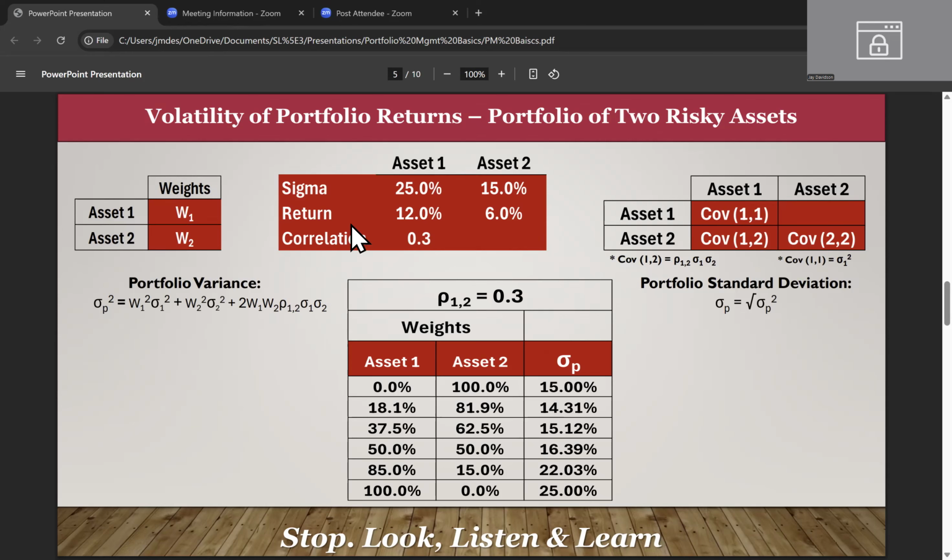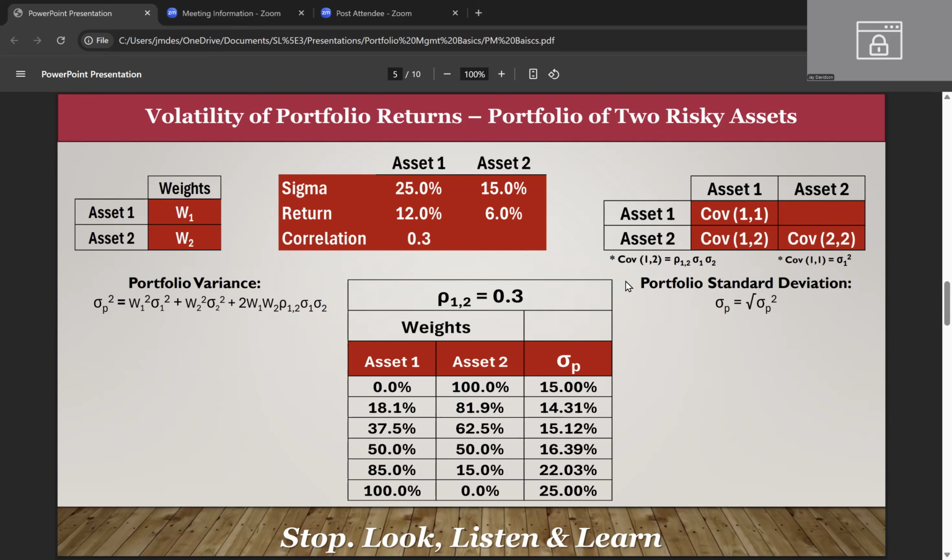And so what we're assuming in this case is that the correlation between asset one and asset two's return is 0.3. So there's a slightly positive correlation, meaning that when the returns of asset one go up, the returns of asset two will go up, maybe not quite as much, but they tend to move together, but not entirely in sync, right?